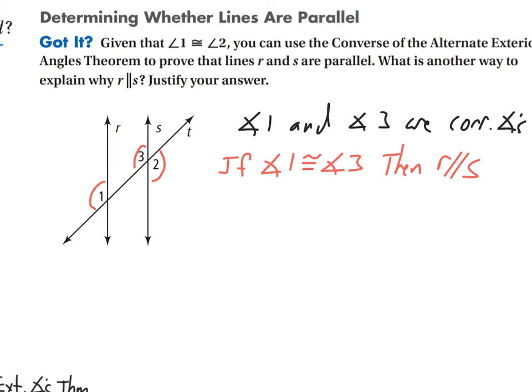Do we have that information? Again, what do you think? Right now, they've only given us that angle 1 is congruent to angle 2.